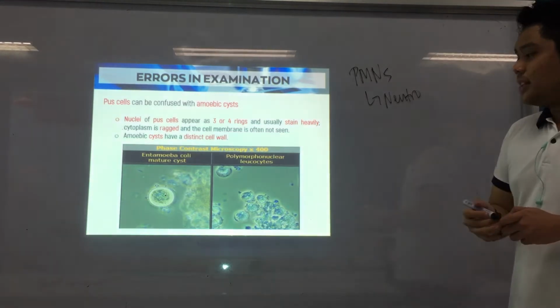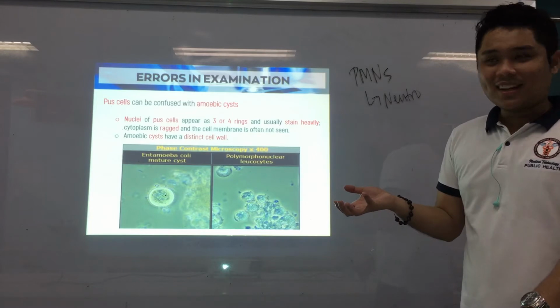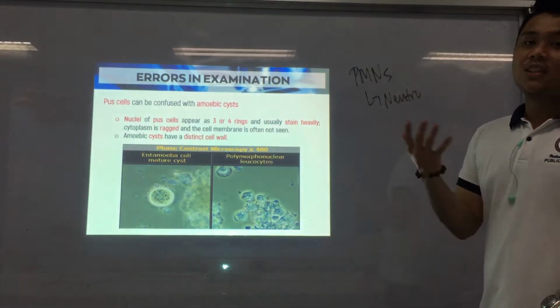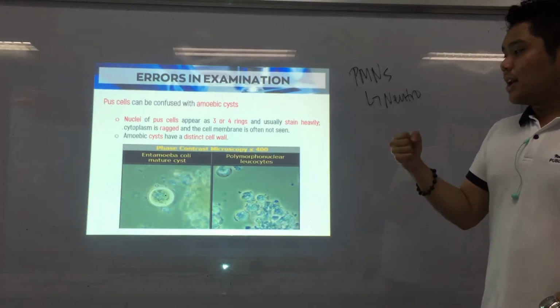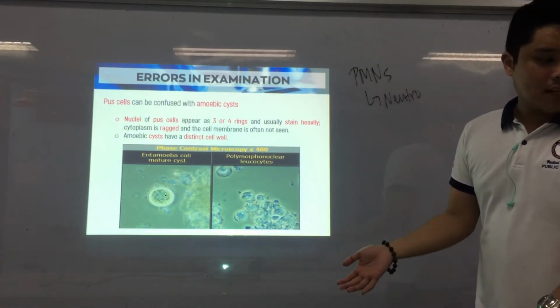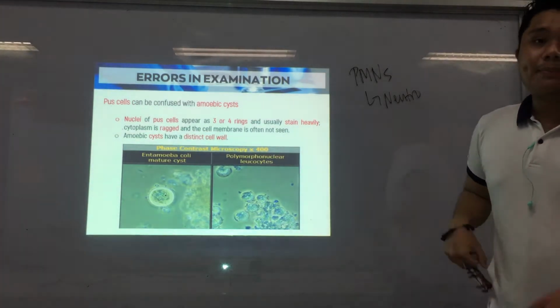Okay. As you can see, the cytoplasm is much dirtier in a way. And the borders are also not that clear, all right, or not that smooth. And usually they appear in clumps. Okay. And for Entamoeba coli, since it's a big amoeba, its cyst is much bigger than your white blood cells.